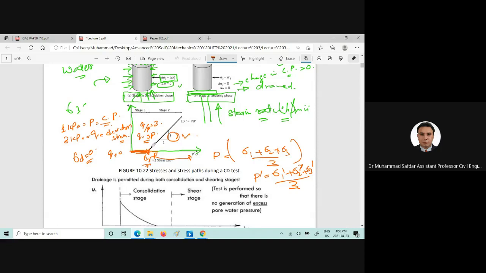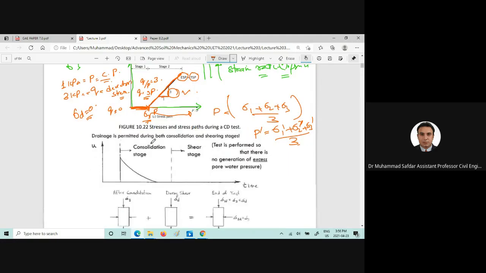So now in case of a consolidated drained triaxial test, the effective stress path and the total stress path are the same, having the slope of 1:3. It's a very important point which we are going to discuss in the stress path lectures as well.